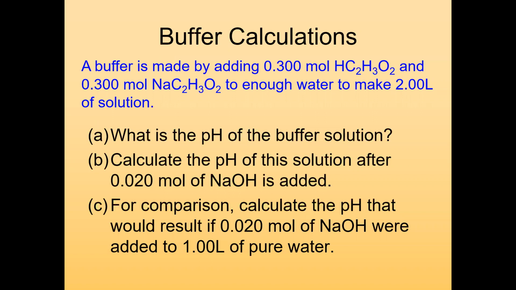Then we want to know what is the pH of the solution after 0.02 moles of sodium hydroxide or base is added. And then we also want to compare how this is different than if we had the pH from 0.02 moles of sodium hydroxide simply added to 1 liter of pure water, instead of a buffer solution. That way you can see how a buffer solution truly affects the base.